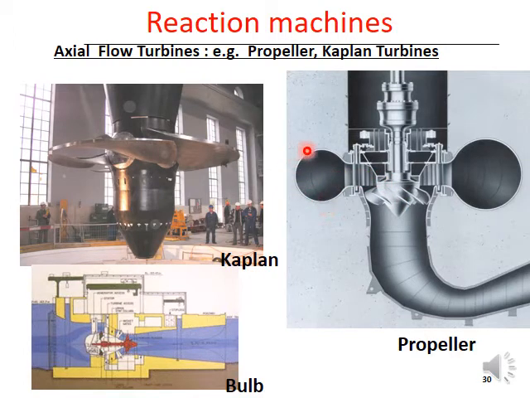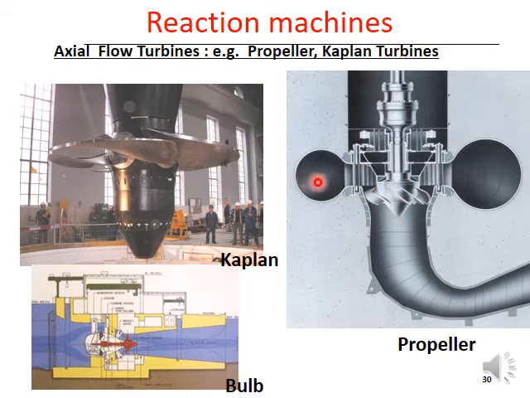This is the spiral casing, and there are also wicket gates or guide vanes to control the discharge, same as in the reaction turbine of radial flow type. So using this type of blade rotating mechanism, the efficiency of the machine can be kept at a higher level.